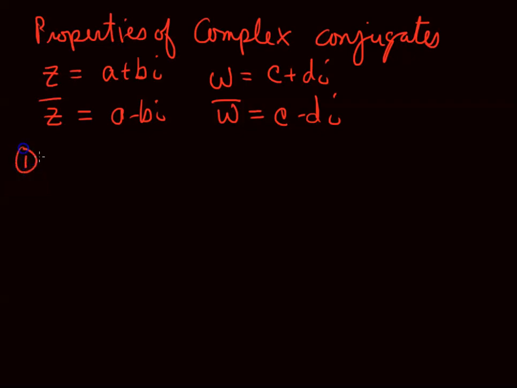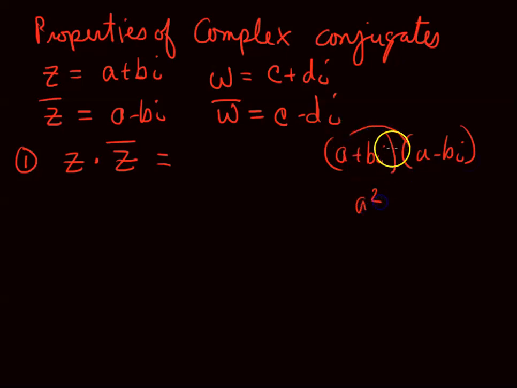Here's some of the properties. What is z times z bar? Well, we can use this, let's see, a plus bi times a minus bi.